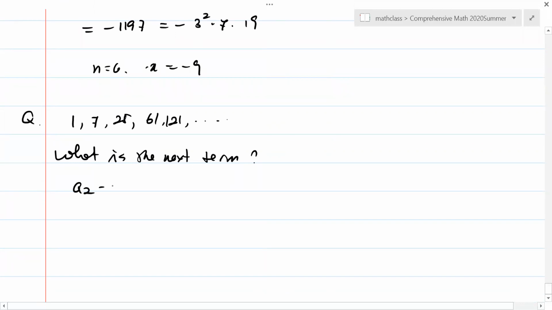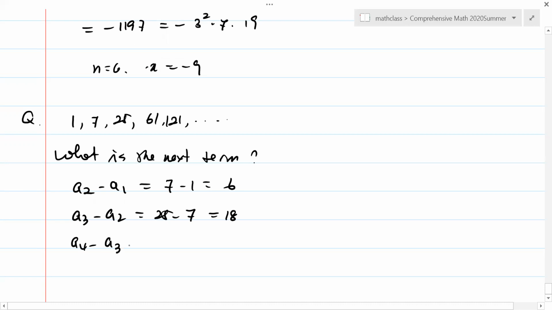So A2 minus A1, 7 minus 1 is going to be 6, right? Usually, you try to see whether it is an arithmetic sequence. Maybe not, okay? So A3 minus A2, 25 minus 7, it's going to be 18, right? Then A4 minus A3.